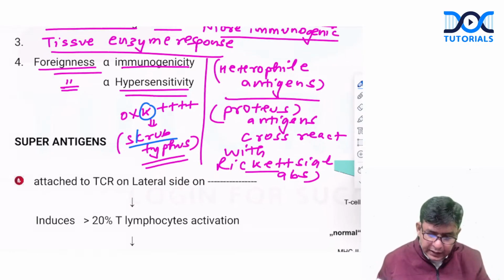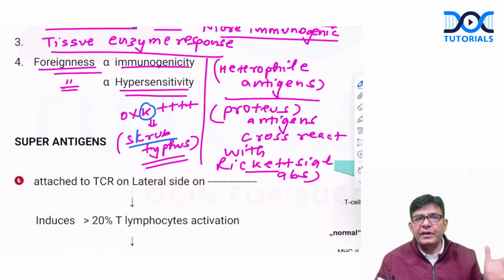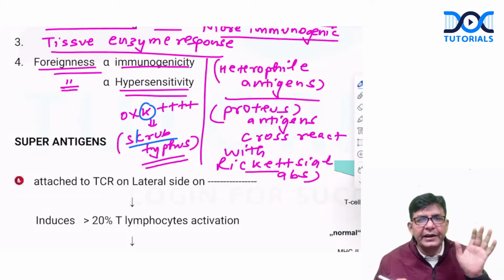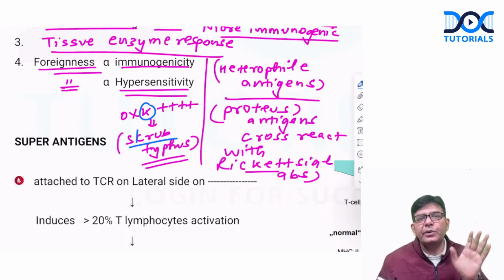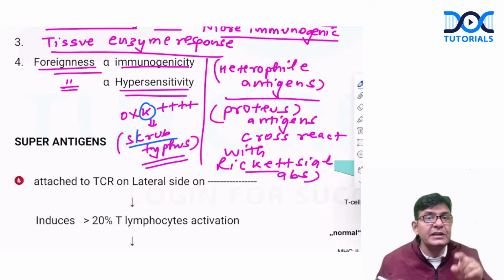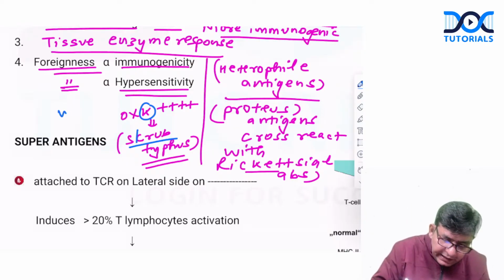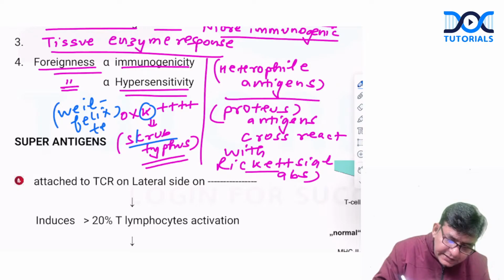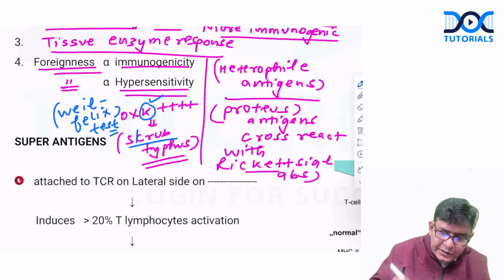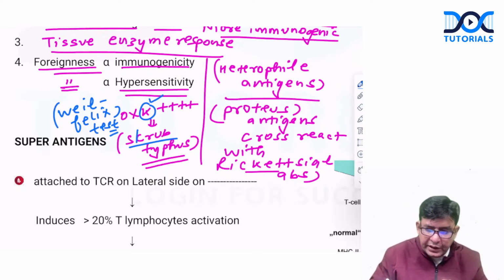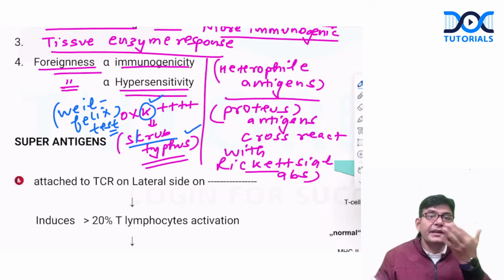Now, this is the example of a heterophile antigen. If this question comes, you should write this example. This is known as the Weil-Felix reaction; later on we'll study it. In the Weil-Felix test, we use Proteus antigens to diagnose rickettsial disease.